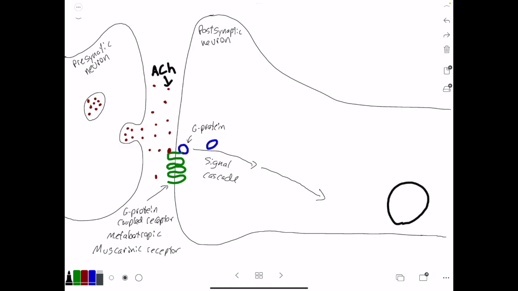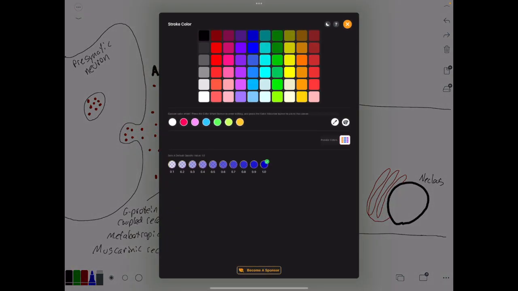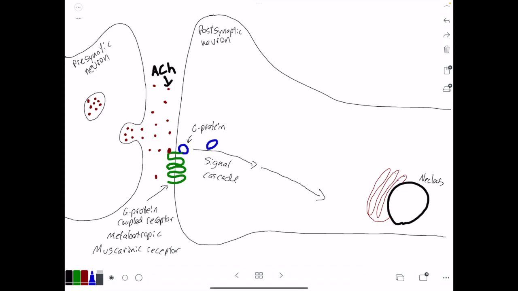So right here, we'll say that this is our nucleus, and I'll use red for our endoplasmic reticulum. We have two general types. This one here on the outside is our rough endoplasmic reticulum.